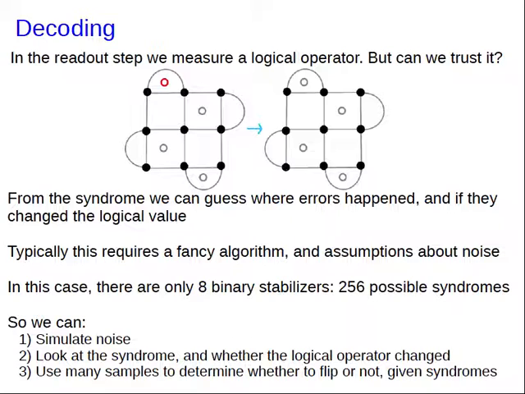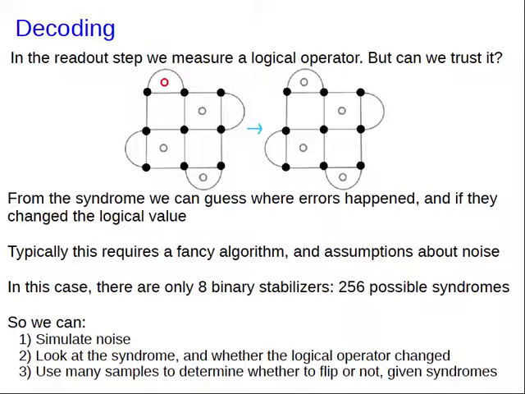But in this case, we don't have to use any fanciness at all. We can be completely unfancy because there are only 8 binary stabilizers. So the syndrome is always specified by an 8-bit string, and there are only 256 possible 8-bit strings. 256 isn't actually a big number.